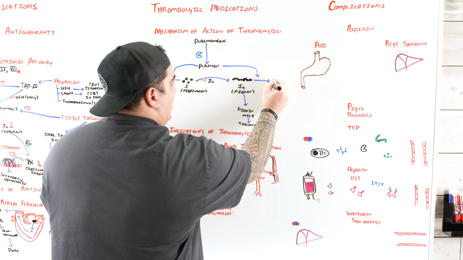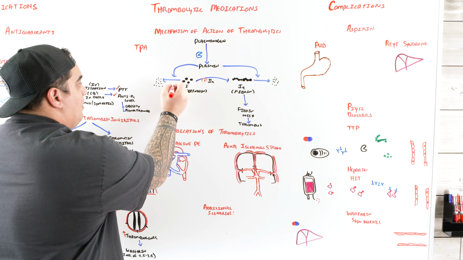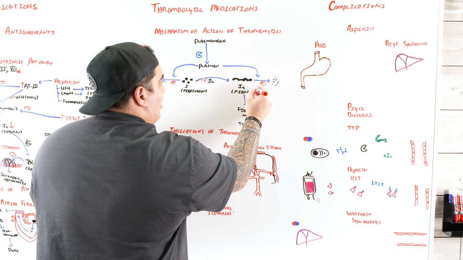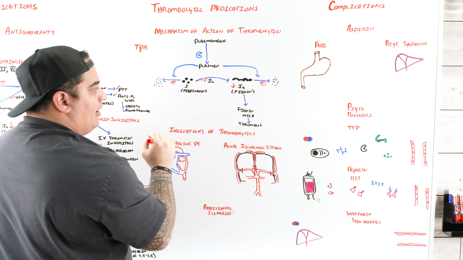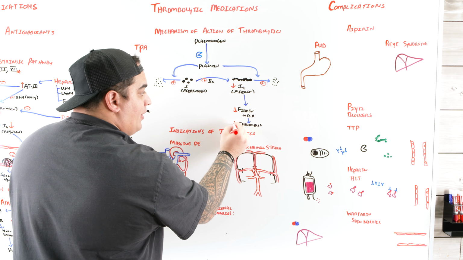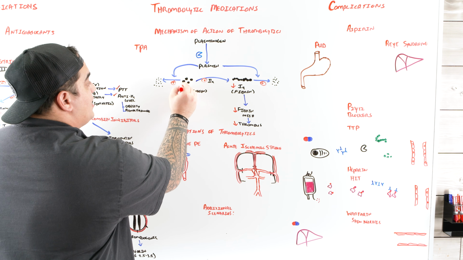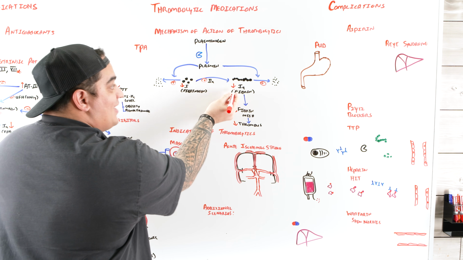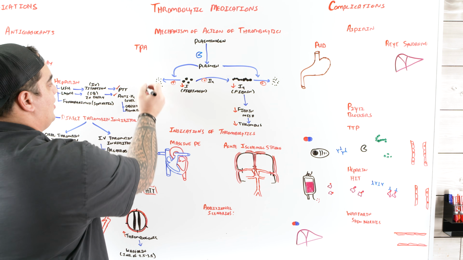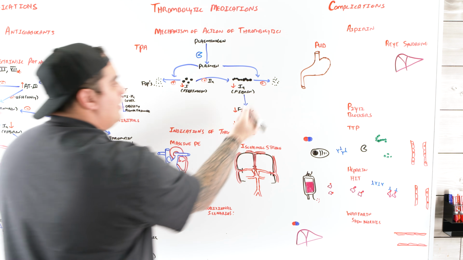So now I'm going to stimulate this step here, and I'm going to deplete my fibrin, so that I get less of my fibrin mesh, and I decrease my thrombus. I actually break the thrombus down. I also decrease my fibrinogen so that I end up with less fibrin mesh, less thrombus. And I break these down into fibrin degradation products.